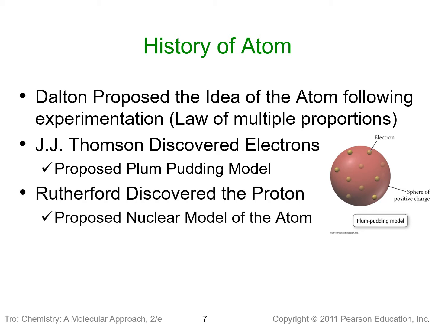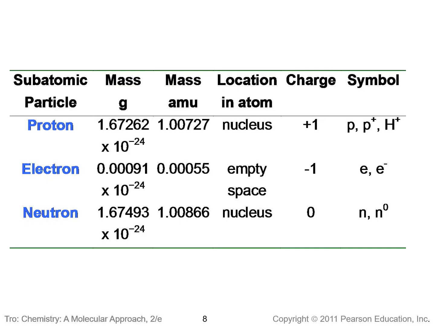Rutherford discovered the proton, and he proposed the nuclear model of the atom. The positive charge is in the center of the atom, and it's surrounded by a lot of empty space where the electrons are. So we have three subatomic particles. We have a proton, which has a relative mass of about 1 AMU, which stands for atomic mass unit.